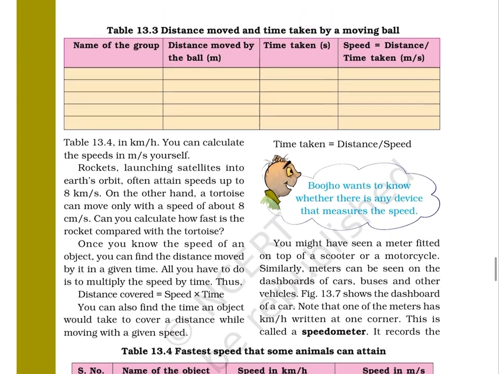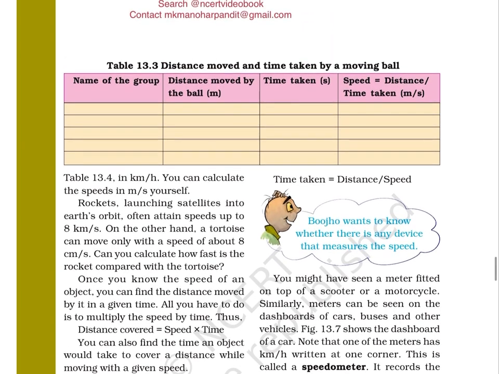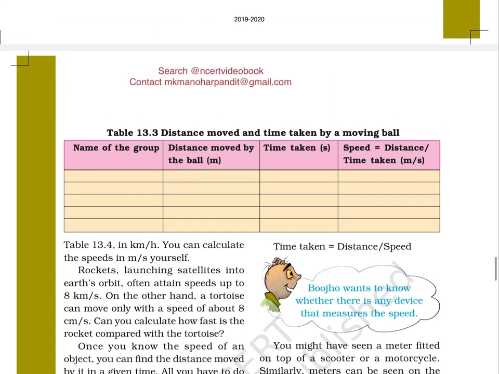Page 150. Table 13.3. Distance moved and time taken by a moving ball. There's a table given here. In this table, there are 4 columns and 5 rows. In the first column, you have to fill in the name of the group.